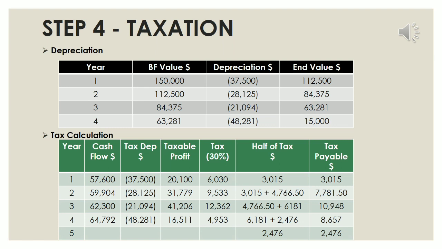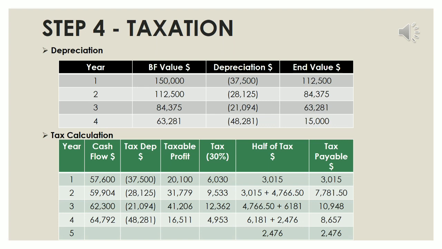Then the result will be the taxable profit, which is 20,100. For this 20,100, we are going to apply 30% tax, which will result in 6,030.